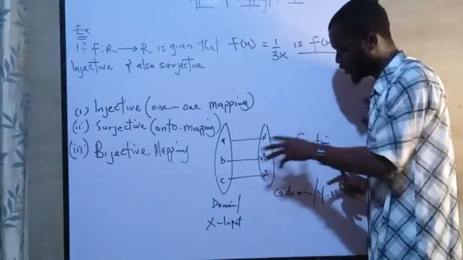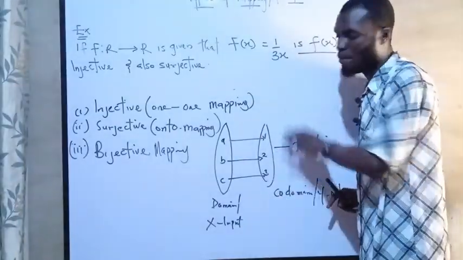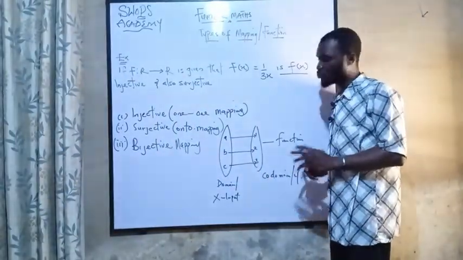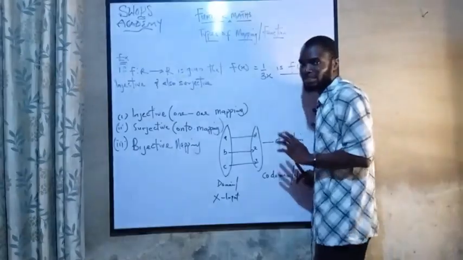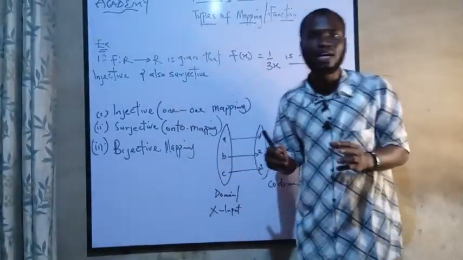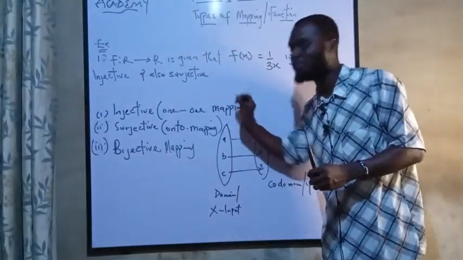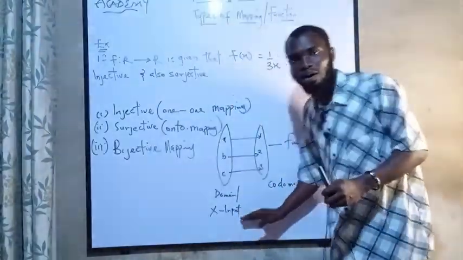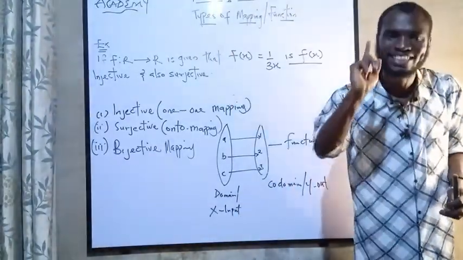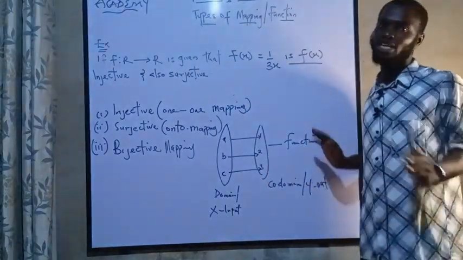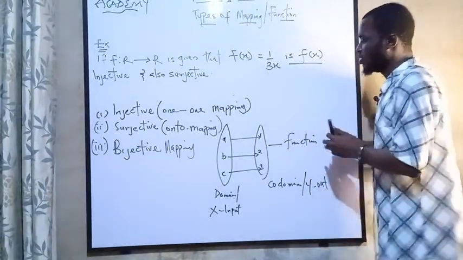This type of mapping, we call injective mapping. Injective is when every element of the domain or x input must pair to only a distinct or specific image or element in the codomain. That is injective.